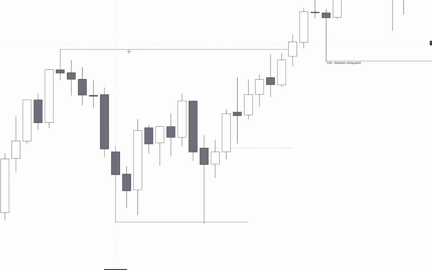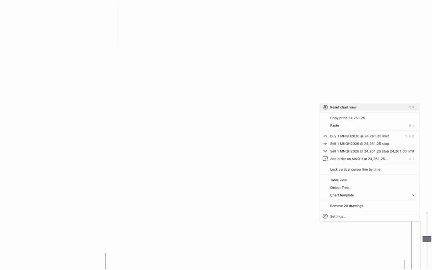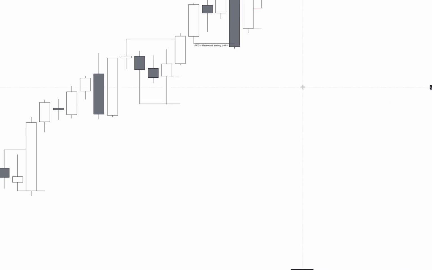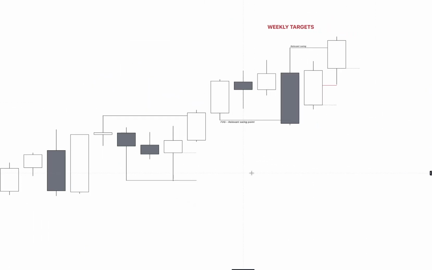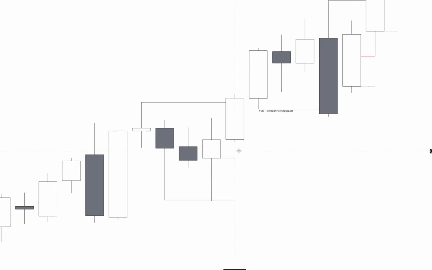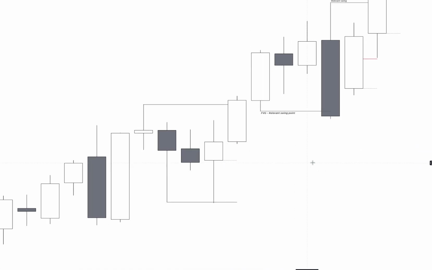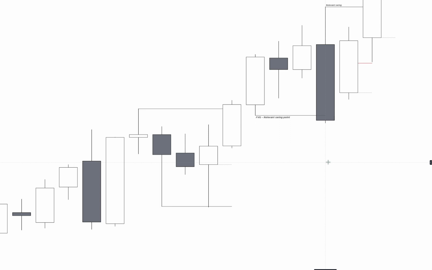Here we're looking for the weekly, but we're also looking for the daily inside the weekly candle, which you can use the 4 hours to do the same thing for the daily candle. And then you can do the same thing on the hourly for the 4-hour candle, which is the fractal model.